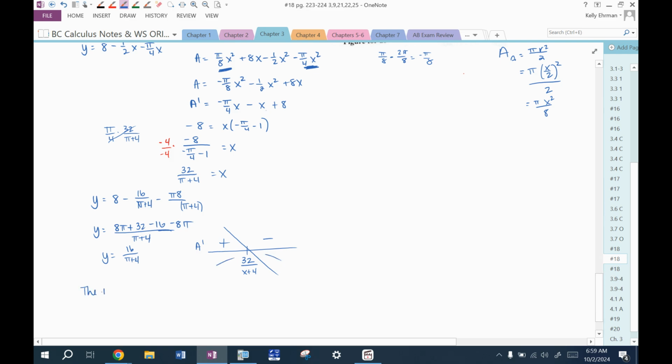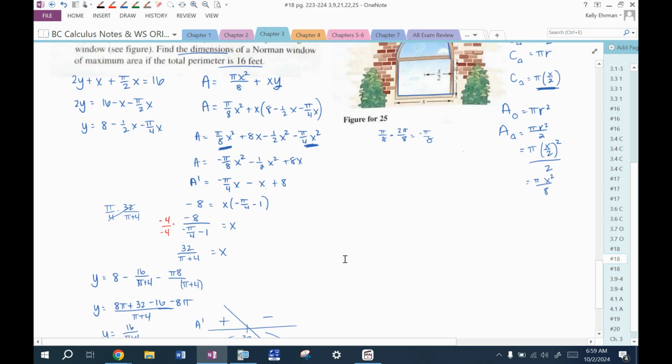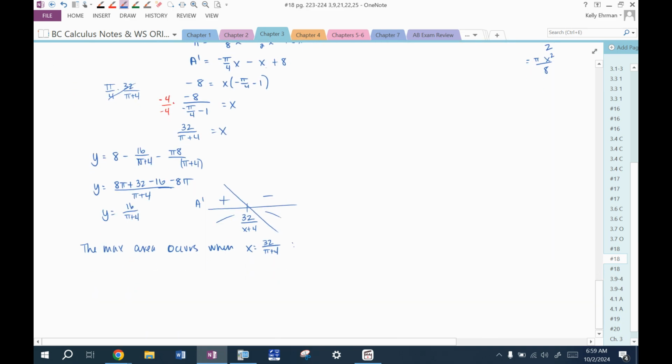So the max area occurs when x equals 32 over pi plus 4 feet, yep, feet, and y equals 16 over pi plus 4 feet, because A prime changed from positive to negative.